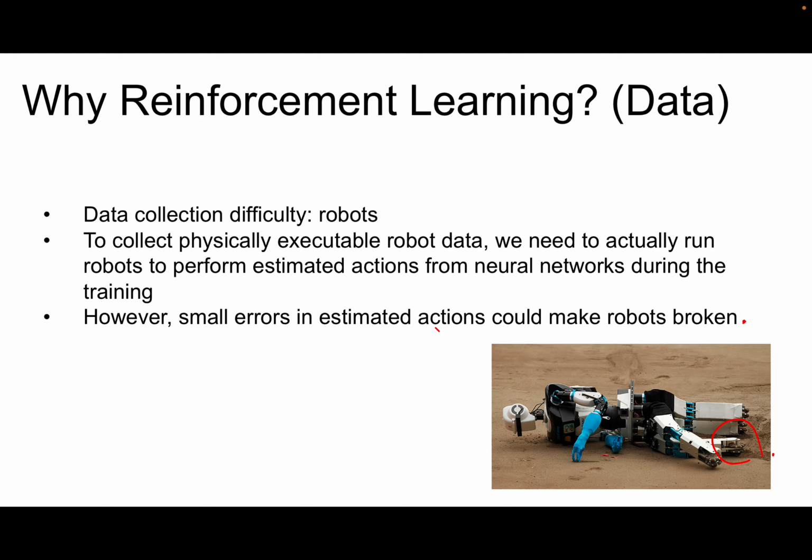At the early stage of training, robots can do very random actions, randomly walking around this area without properly perceiving the environment. In such cases, robots can collide with surrounding objects, and if a robot is broken, then as I said, we need to fix it or purchase new robots. It is always very costly. Robots are very expensive, and very different from the previous examples.